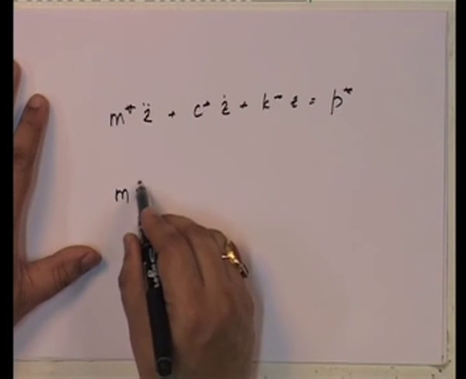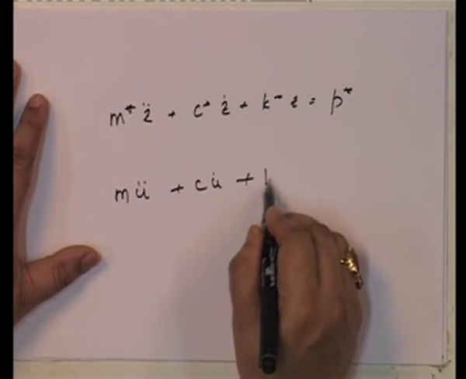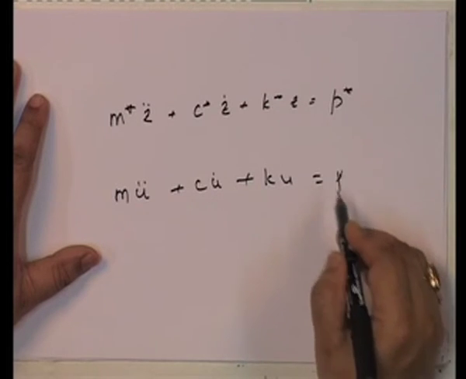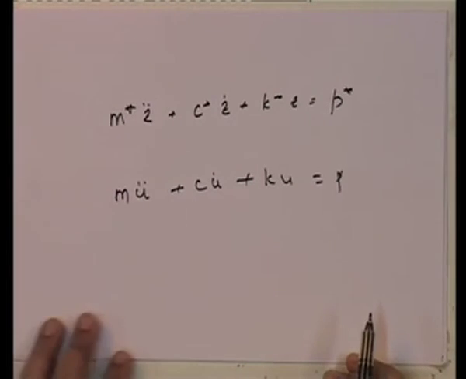How is it any different from the single degree of freedom problem that I have solved?